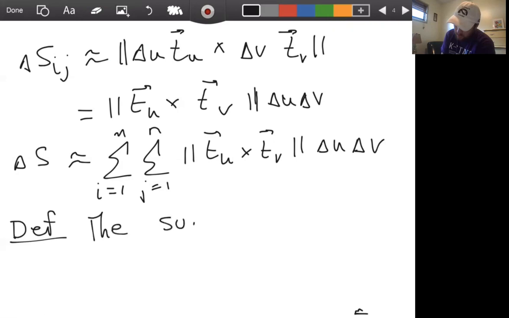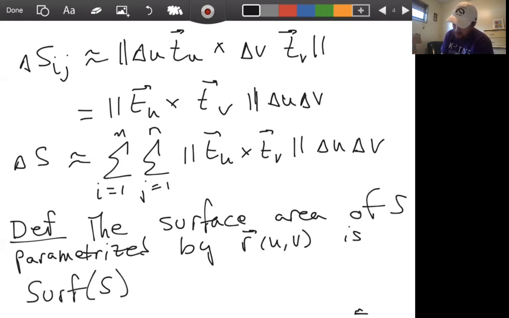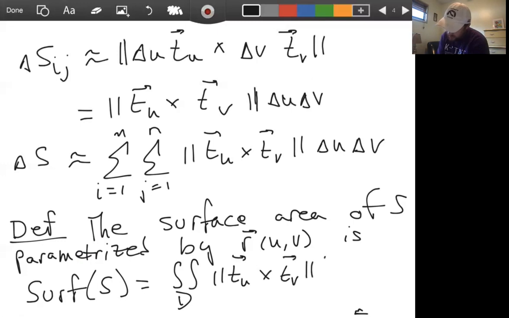The surface area of S parameterized by R of u,v is, so I'll say surf of S. It's the double integral over our parameter domain D of the magnitude of the cross product T_u cross T_v du dv.